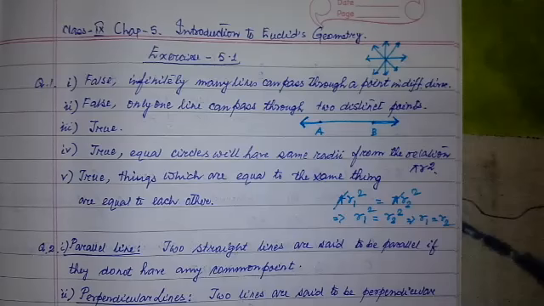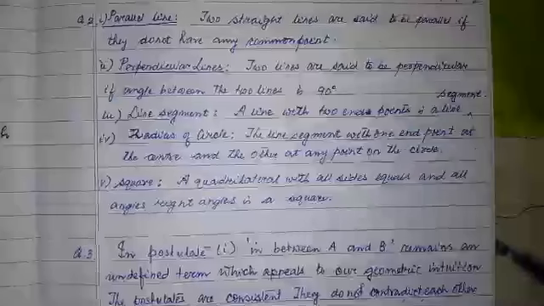It is because AB is equal to PQ and XY is equal to PQ. From Euclid's axiom, things which are equal to the same thing are equal to each other. In that sense, AB is equal to XY.